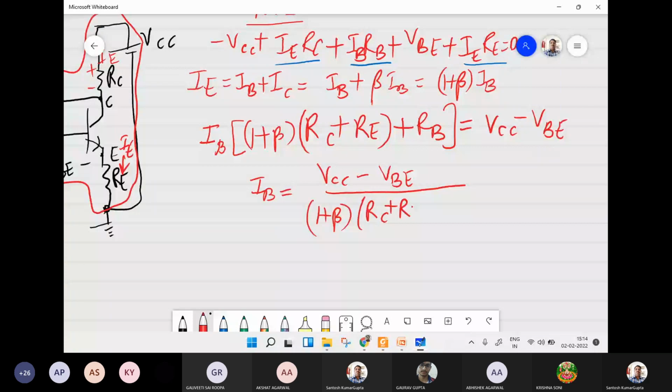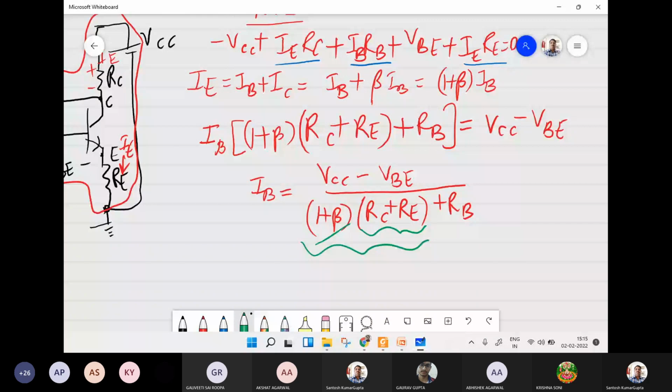We can see that this is very good in that it reflects at the input a resistance of 1 plus beta times RC plus RE, whereas in the emitter stabilized biasing case we saw that only RE was reflected beta times at the input. In that way, it increases the input resistance to a very large value.